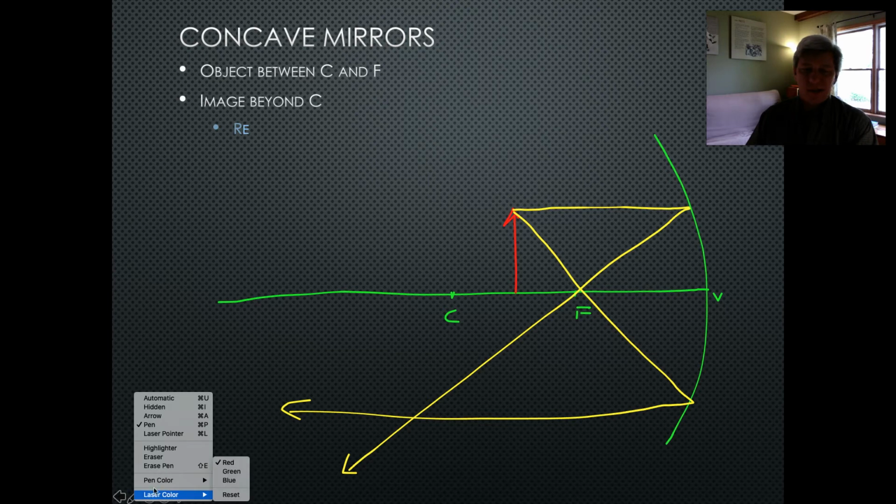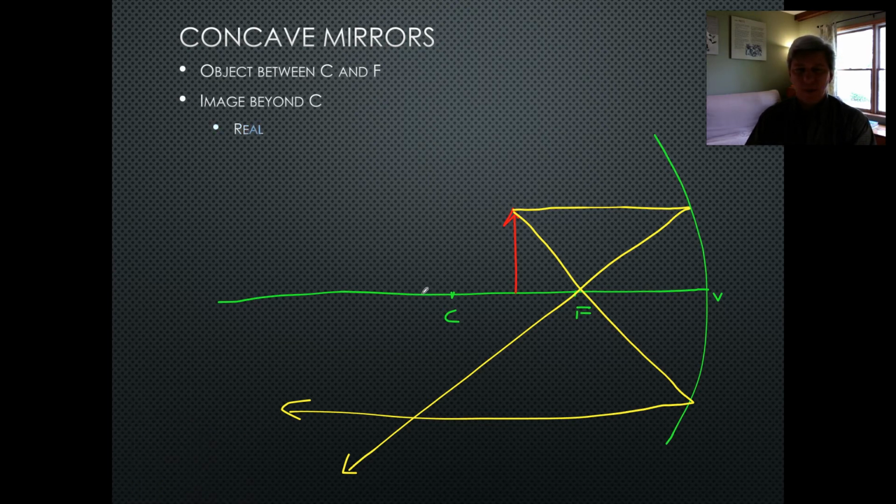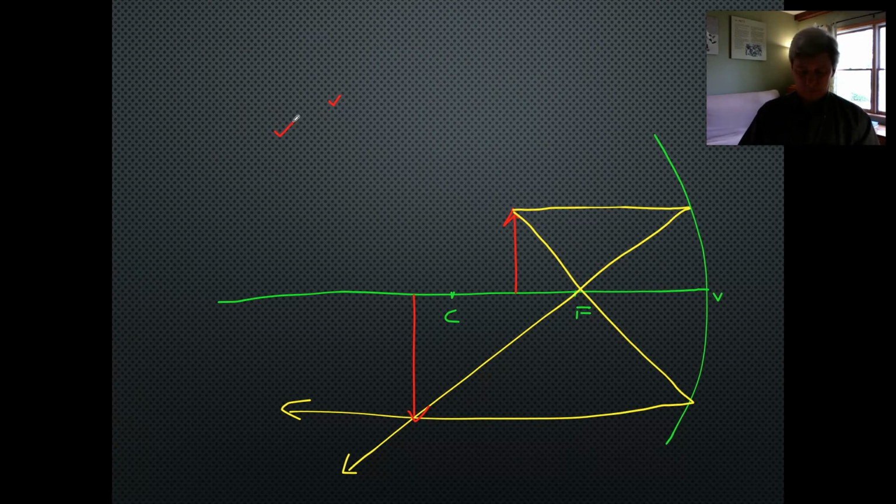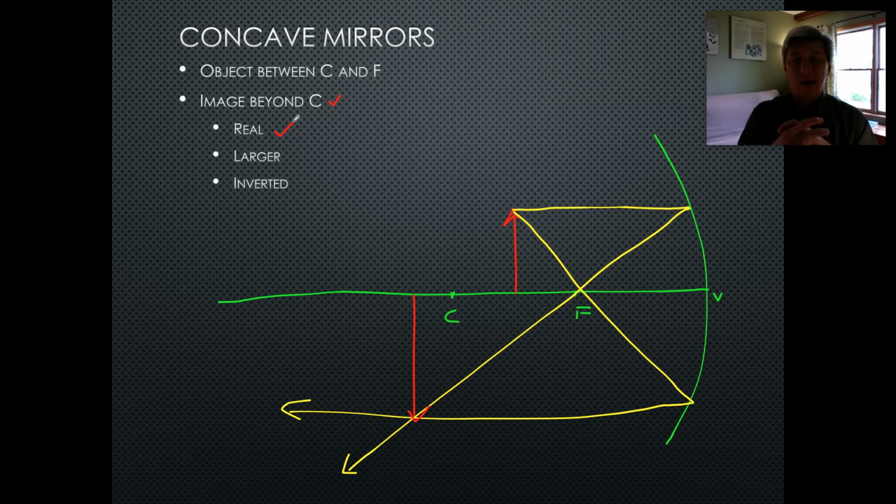In this case, and again, I haven't done a wonderful job with this, but now the object is located between C and F. The image is beyond point C, okay? It is a real image because it is located on the same side of the mirror that the object is.